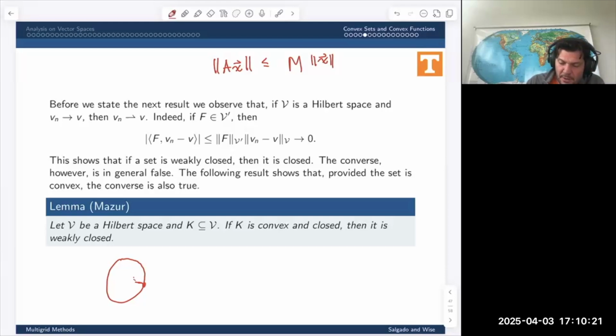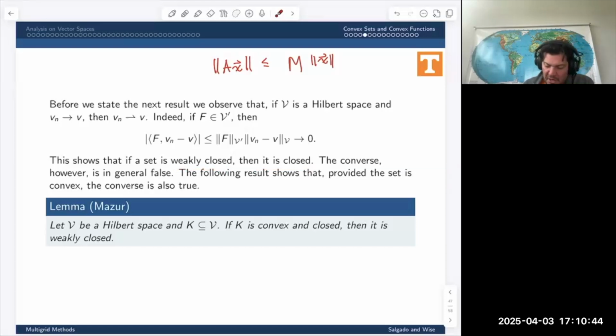Okay, so let's suppose that a set is weakly closed. What does that mean? Again, it means all of the weak limits are in the set. Now we want to show that if it's weakly closed, then it's closed.